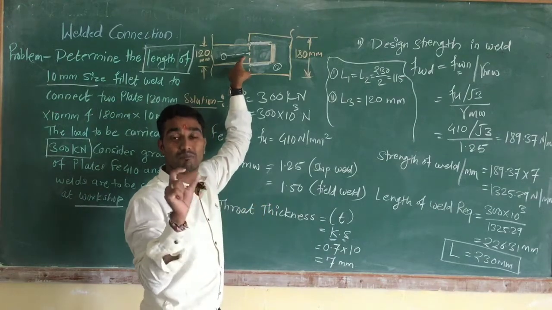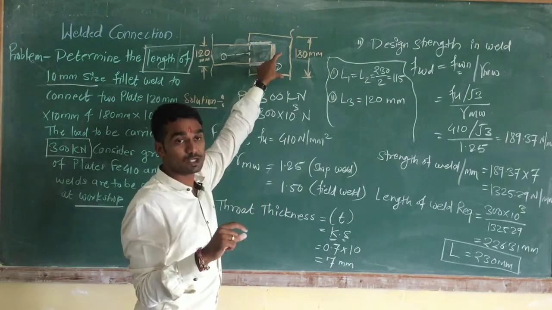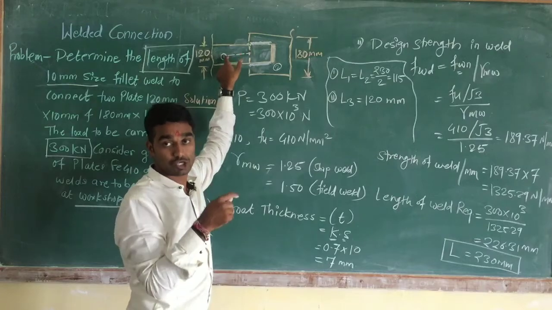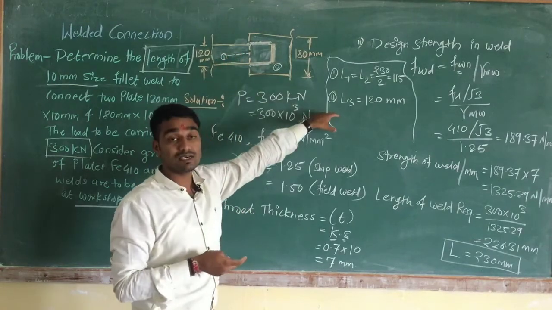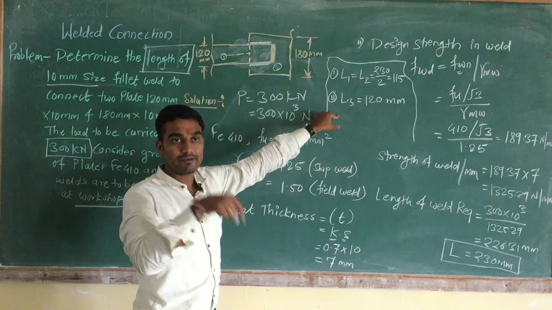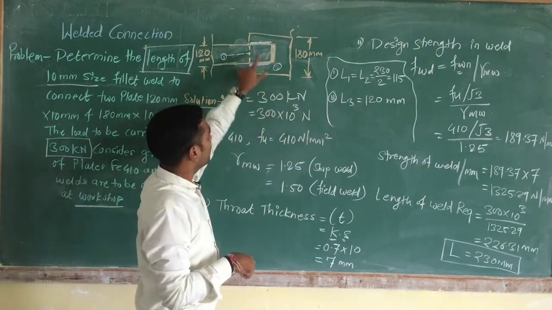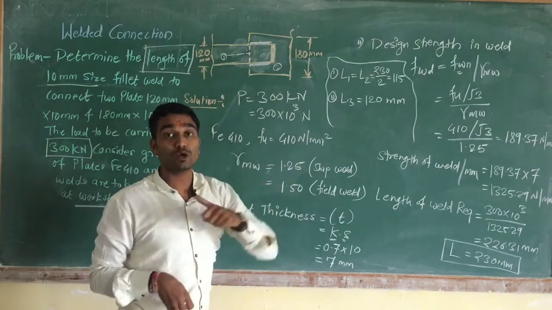This is our main criterion. For that, the balanced welding length we have to provide along these two sides equally.